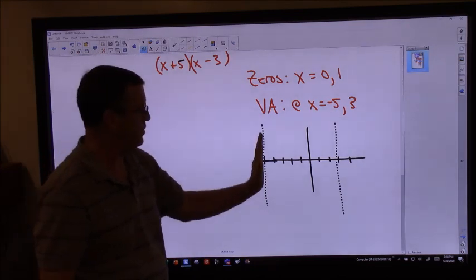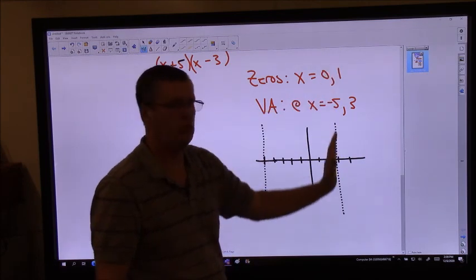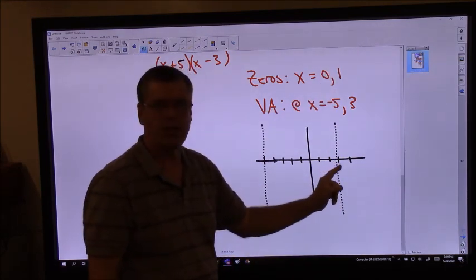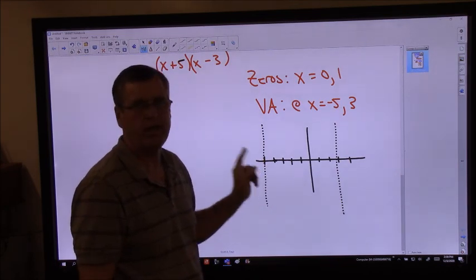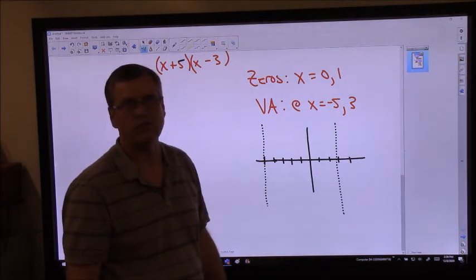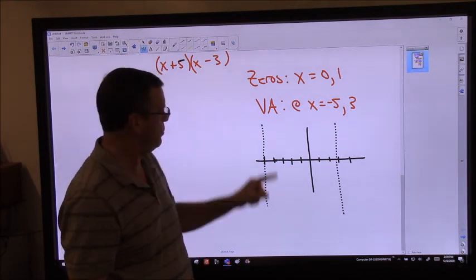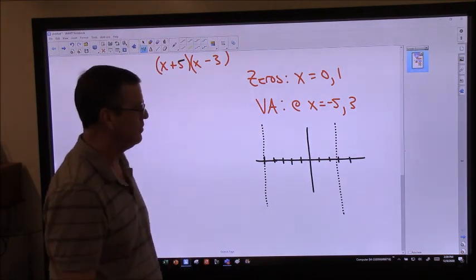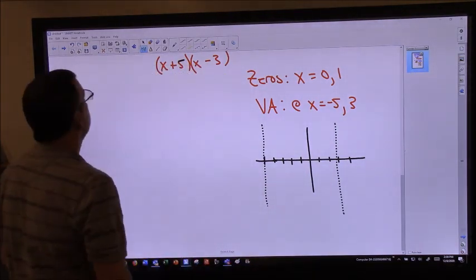So essentially the dotted line here means we're undefined at all of these points at 3 comma whatever, or -5 comma whatever. You can't touch those lines. Okay? That's what we're saying. We say there's a vertical asymptote. Those x coordinates are off limits. All right?